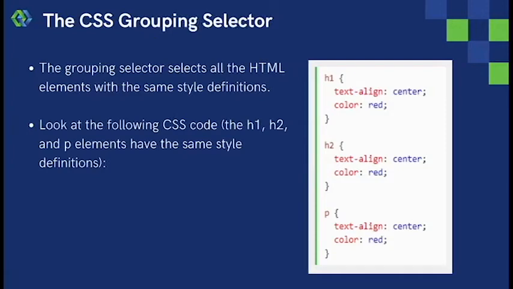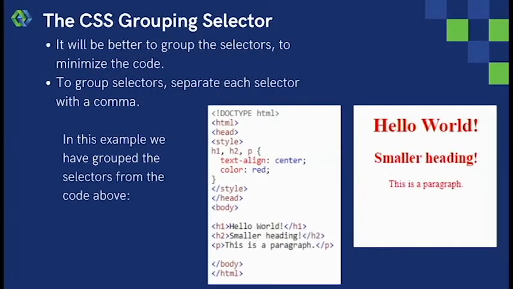So we also have the CSS grouping selector. The grouping selector selects all the HTML elements with the same style definition. So look at the following CSS code. The H1, the H2, and the P elements have the same style definition. So you can have grouping selectors for that. It will be better to group the selectors to minimize the code.